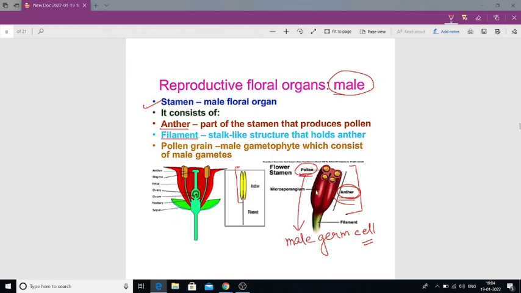And this sac-like anther, how is it joined with the main stem, the receptacle? It is joined with the filament. A thread-like structure is joined with the stalk of the flower receptacle, and it is known as the filament.